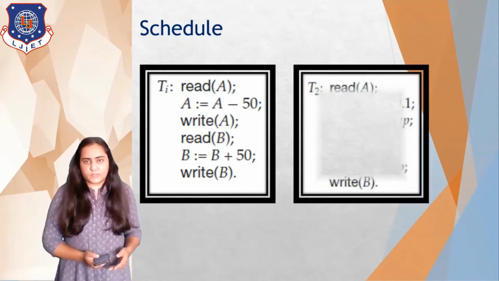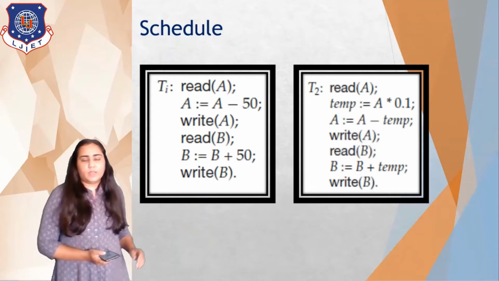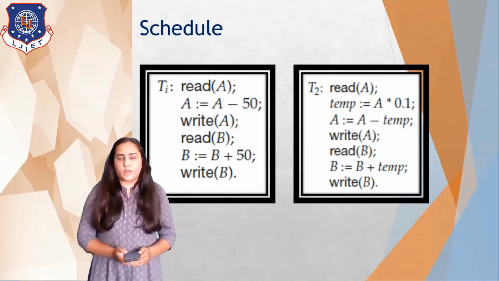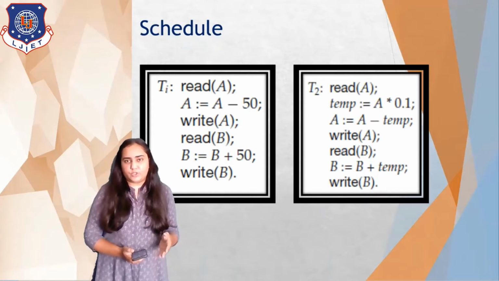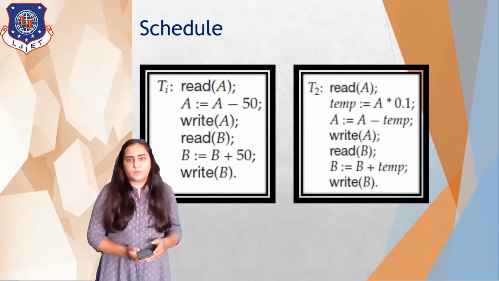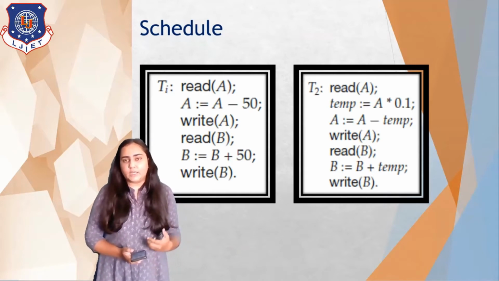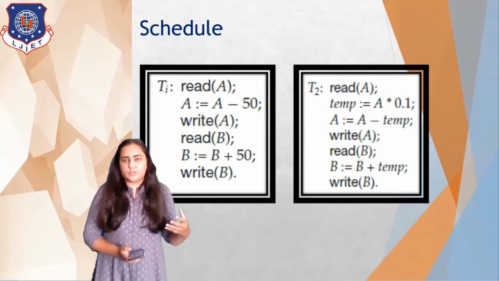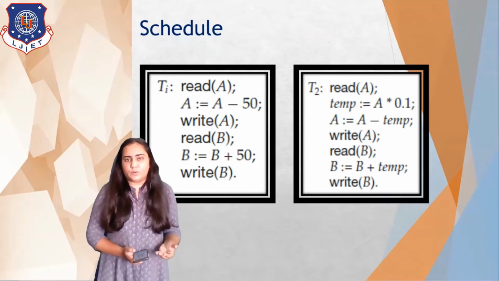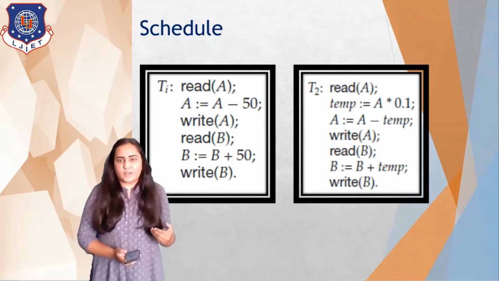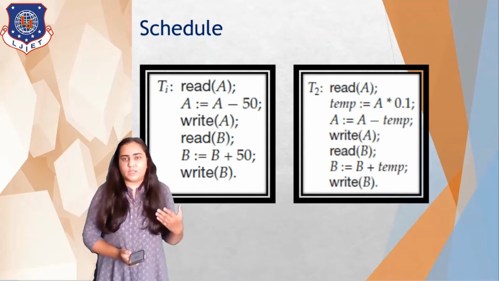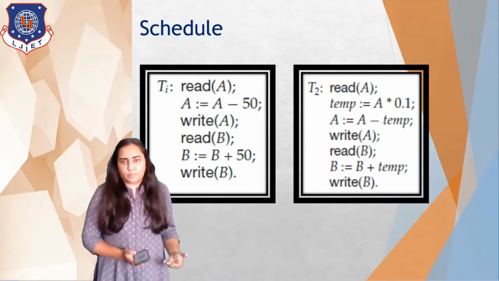Now I have another transaction, which is transaction T2. And in transaction T2, what is happening is there's a 10% deduction from A, which is then added to B. So if you look at the transaction, you can see that T2 is first of all reading A, and then it is taking a temp variable where it is storing 0.1 times A, which means it is storing 10% of the amount in A in a variable temp.